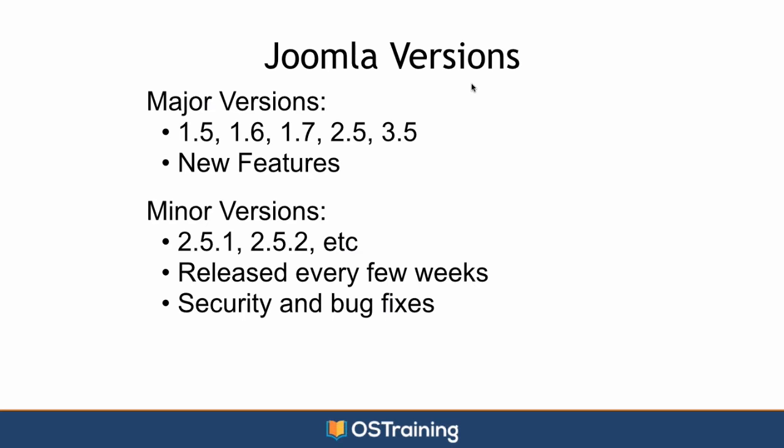Generally speaking, minor versions have security and bug fixes, and are not intended to introduce any major new features. Now, with Joomla 3, when Joomla 3 came out, we started to see a slight shift in this. Joomla 3.1, 3.2, and now 3.3, which is coming out in a couple of weeks.